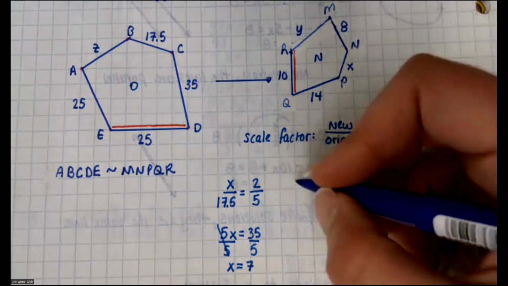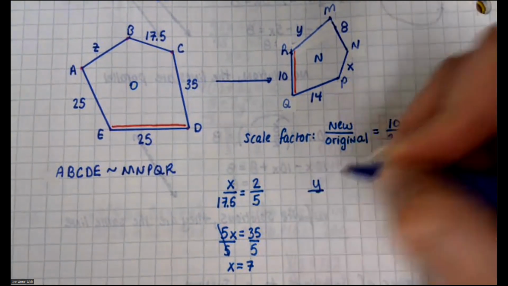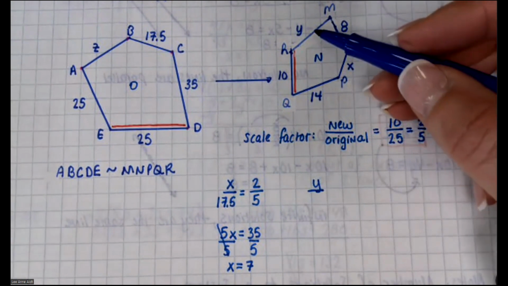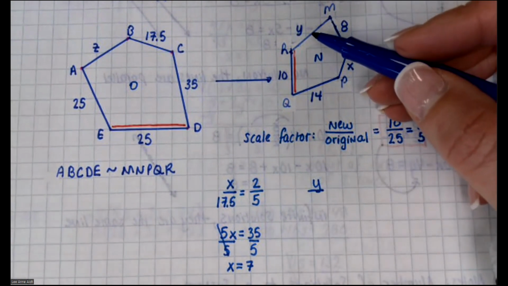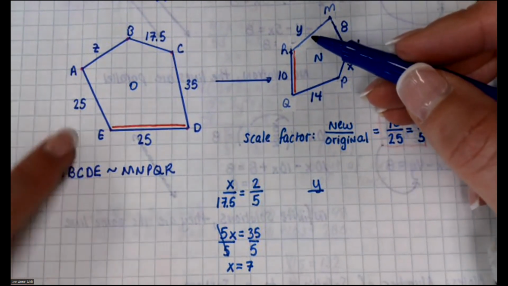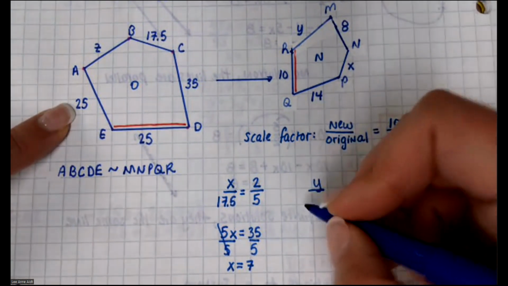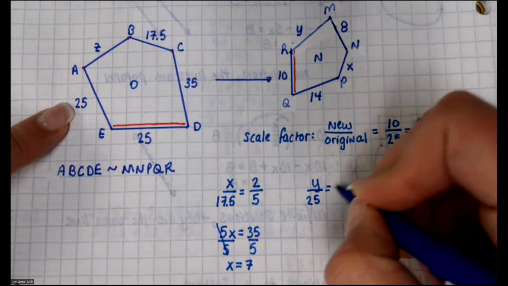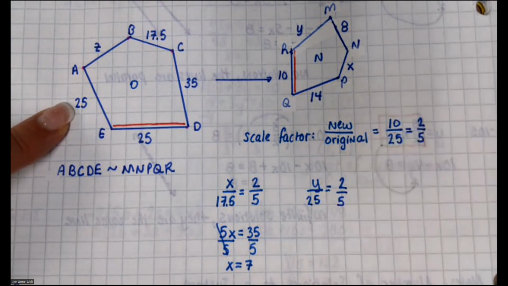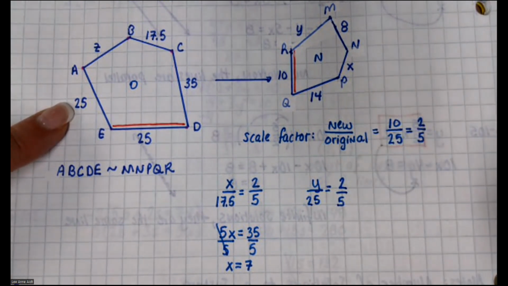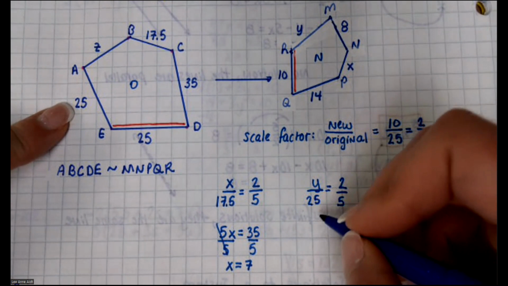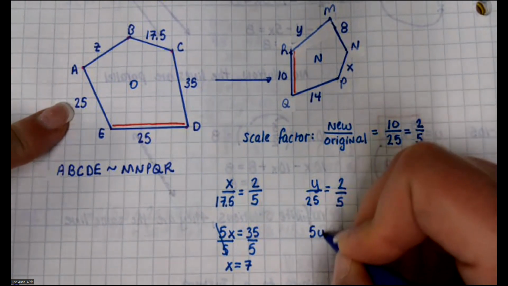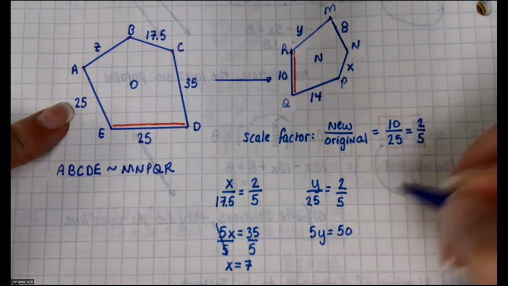Since Y is on the new, we're going to put Y on the top, new over original. And what side does Y go with in the original figure? Right, over here, 25, equals new over original. Cross multiply.